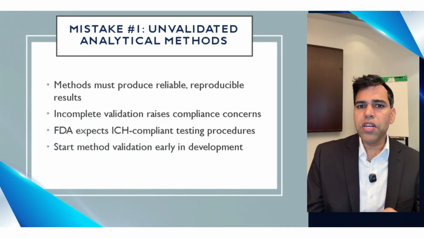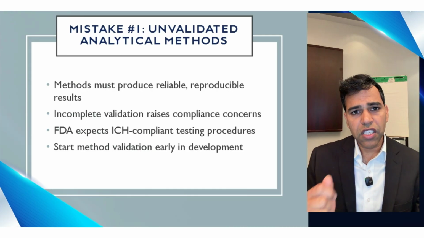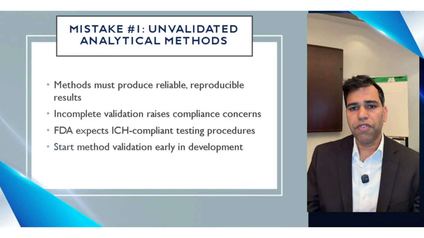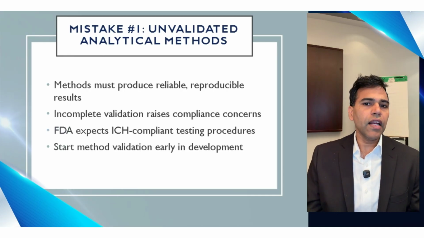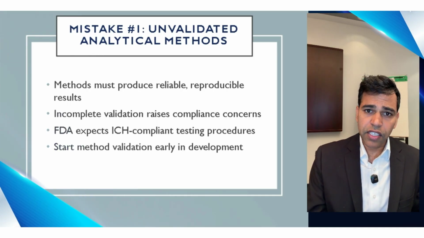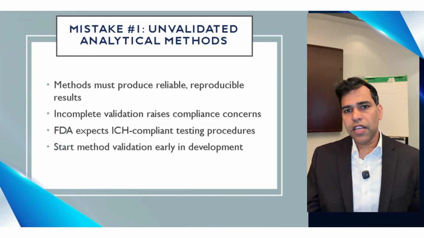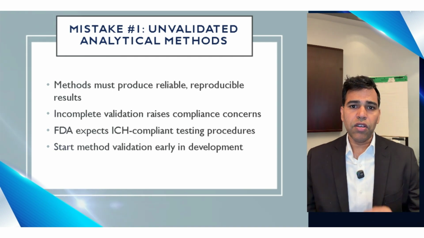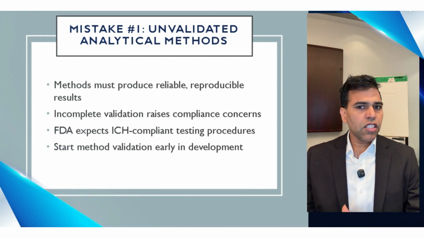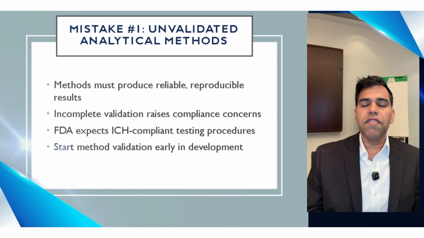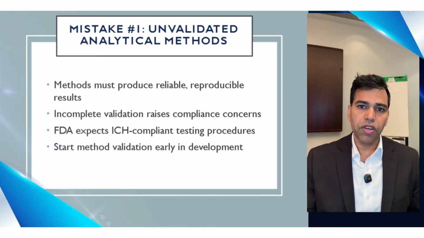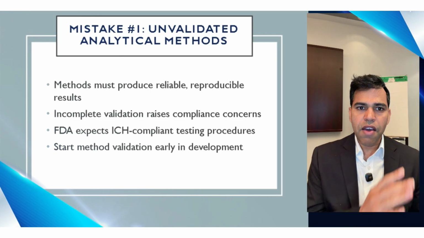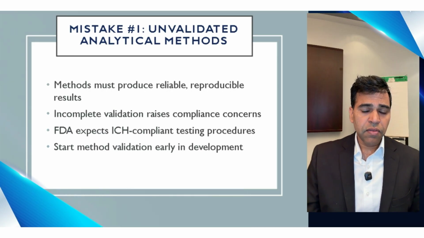Does it hold up under different conditions, different operators, different days? ICH Q2(R1) sets out very clear expectations for method validation: specificity, linearity, accuracy, precision, robustness. Yet sponsors routinely arrive at the IND stage with methods that were only developed for internal screening, never formally validated.